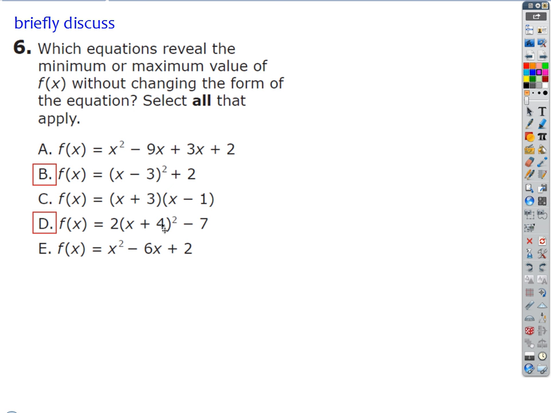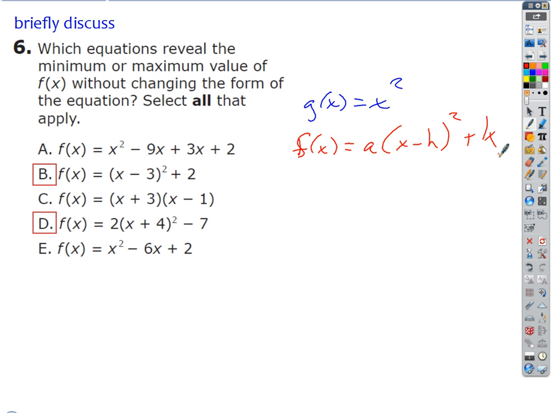They're written in the form a times (x minus h) squared plus k, right? What's the parent function? The parent function here is just a plain old parabola, g of x equals x squared, right? So what is this one saying then? This one is saying f of x equals a times (x minus h) squared plus k.